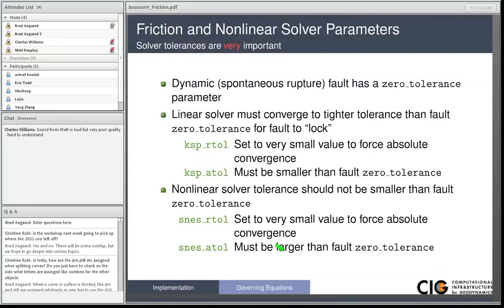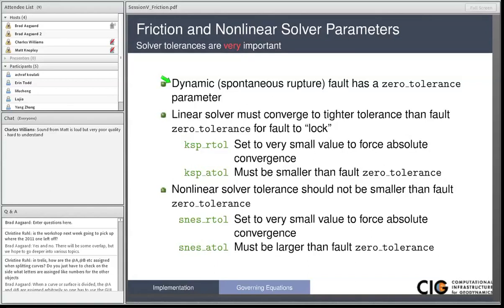In addition to the nonlinear and linear solver tolerances, that's the KSP Krylov subspace solver, and the SNES, that's the nonlinear solver tolerances, the fault has a zero tolerance parameter. This is because we're using an iterative solution, so for our slip estimates we're always going to have things like 10 to the minus 15 meters of slip.